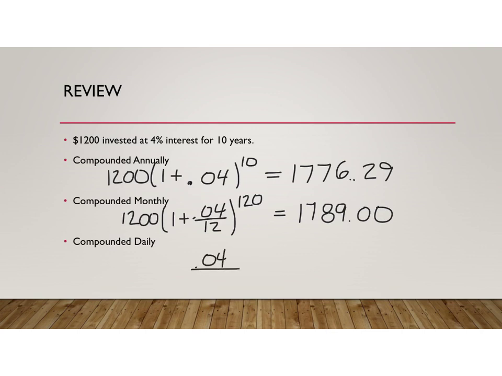Daily, that 0.04, I'm going to divide by 365. I'm going to add 1 to this. Because it's growing, my beginning amount is still 1,200. My power is going to be 3650, 365 times 10.